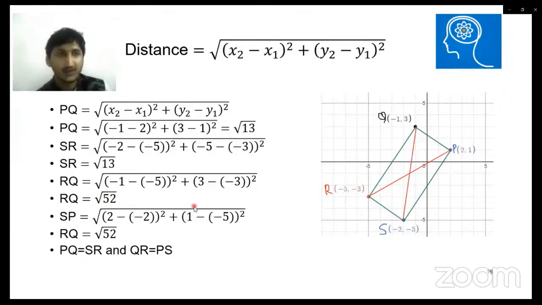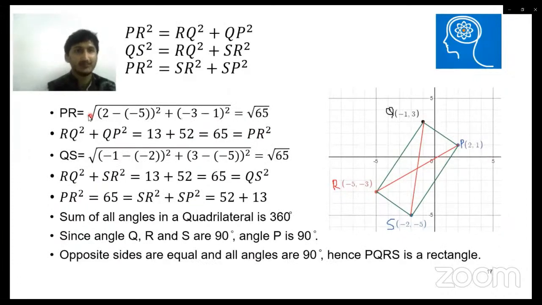When we take the square of both, that is PQ square plus RQ square, we get 13 plus 52. That is equal to 65. And that is equal to PR square. So by this we can tell that angle Q is 90 degrees.